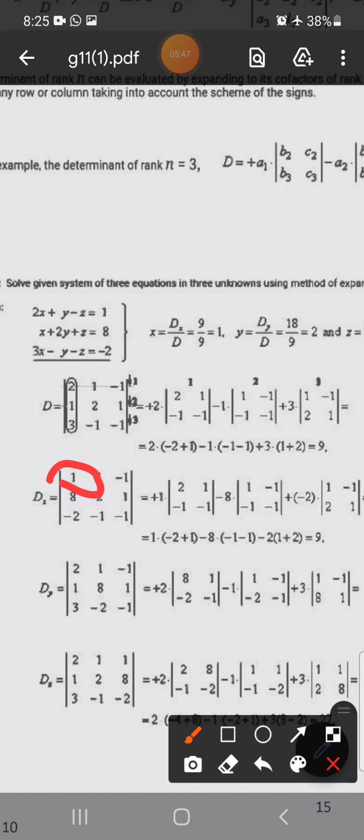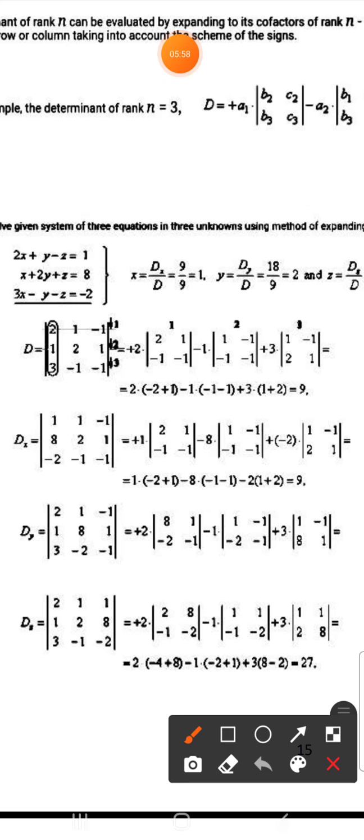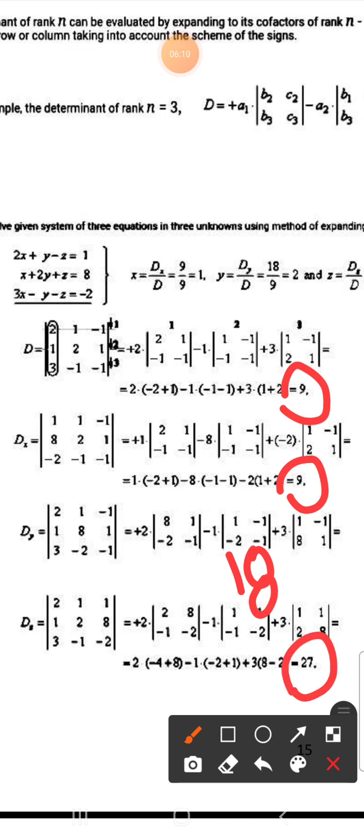If you take 1, you will cancel this row and this column to get the rest, 1 and negative 1, negative 1, and so on. Okay, after you got all of these, you have here d, dx, and dy, which is 18, and dz, which is 27, and you will put them in this rule to get the variables.